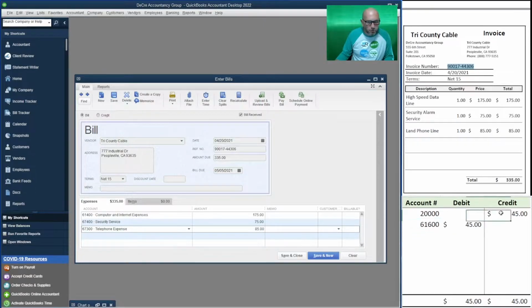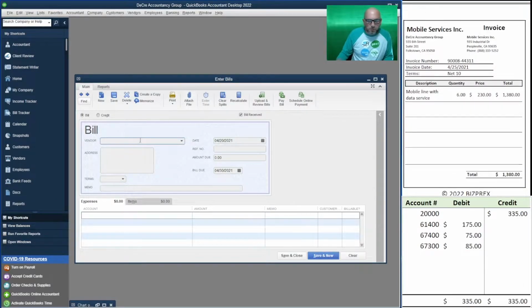So we can just show it all right here. 335. 61,400, 67,400, 67,300. 175, 75, 85. There it is. So $85 right here is a debit to account 67,300. $75 is a debit to account 67,400, and $175 is a debit to account 61,400. This total is a credit to account 20,000, which is our accounts payable. Saving.